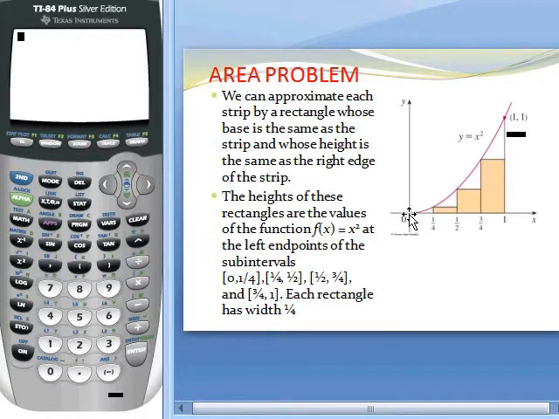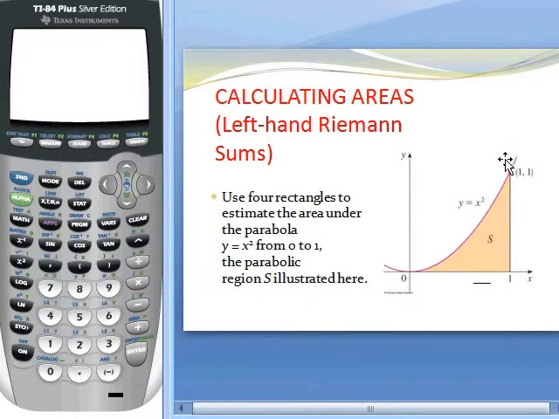In this case, it's at 0, and then it's at 1/4, and then it's at 1/2, and it's at 3/4. So the strips are the same width, but the heights are different. So how am I going to calculate that? I just draw my y equals x squared.